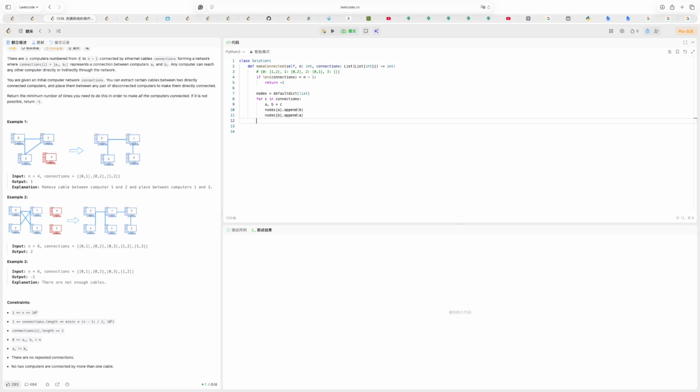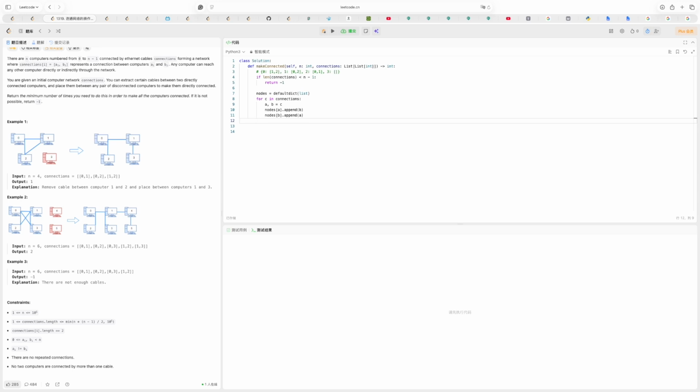Okay, so now we need to know, we have the length of connections.